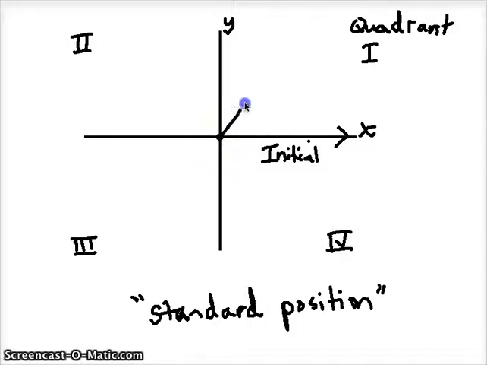So if I draw an angle, I think that's about 60 degrees or something close there. It opened in a counterclockwise fashion, so that's going to be a positive 60 degrees. And we can use a Greek letter to talk about it. So I can say that if this angle were named theta, then theta would measure 60 degrees.